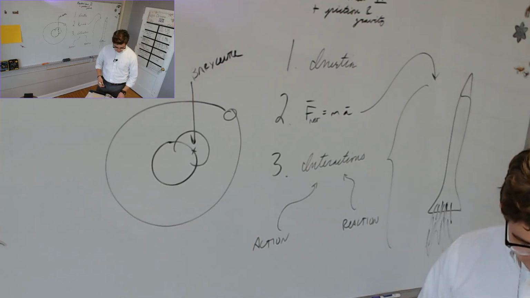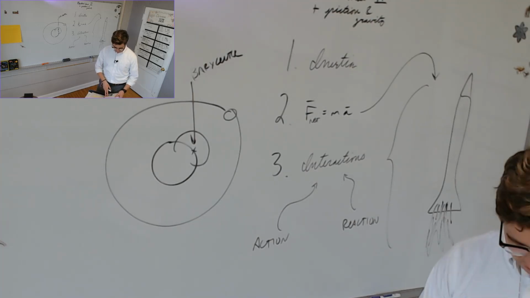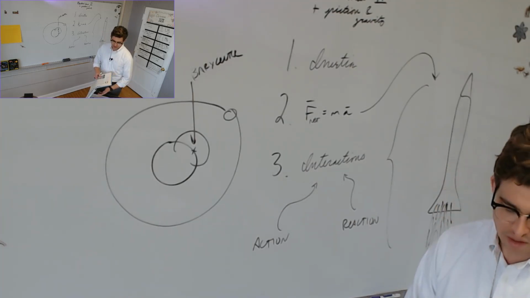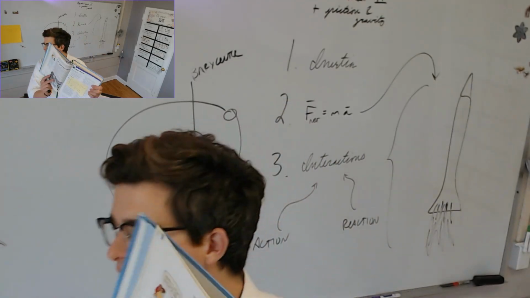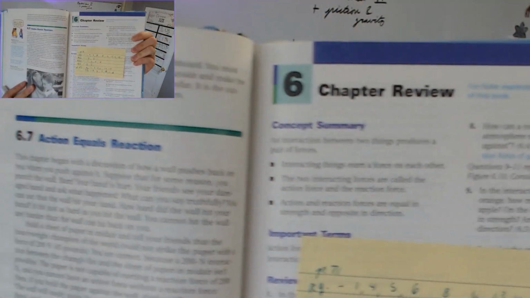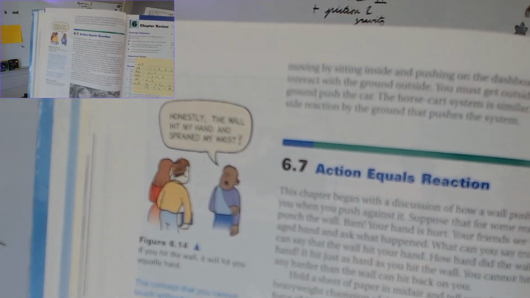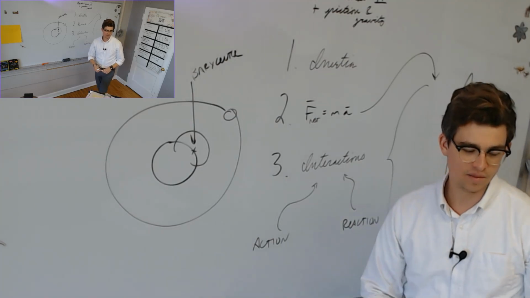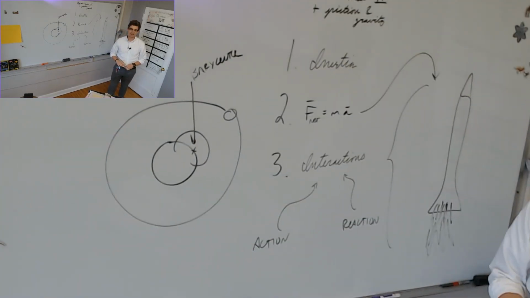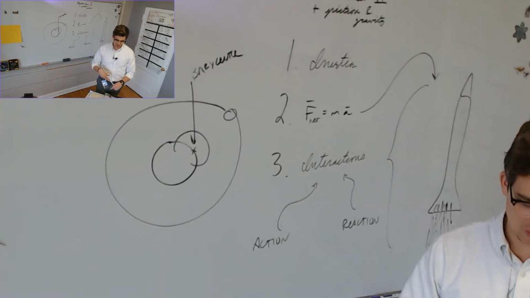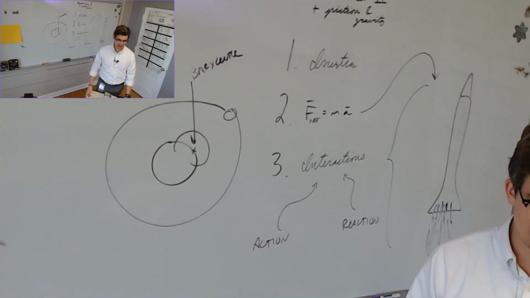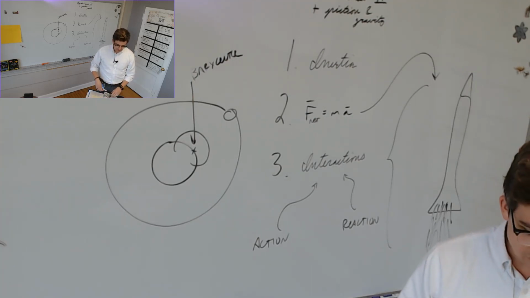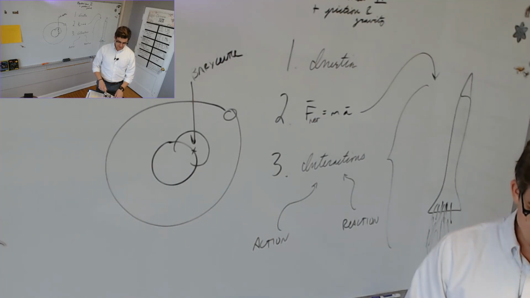Okay, here's a little picture of this guy on page 82. He says the wall hit his hand the wrong way. Honestly, the wall hit my hand and I sprained my wrist. Is that true? I mean, logically, or societally, we would say no, but physically, yes.